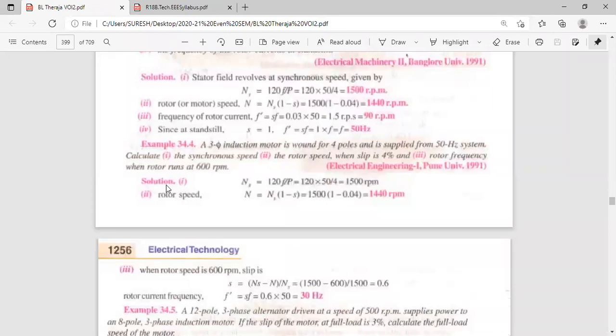Then the last bit. Rotor frequency when rotor runs at 600. Rotor runs means what is the value of this? Which speed is this one, N or Ns? Rotor speed is N or Ns?